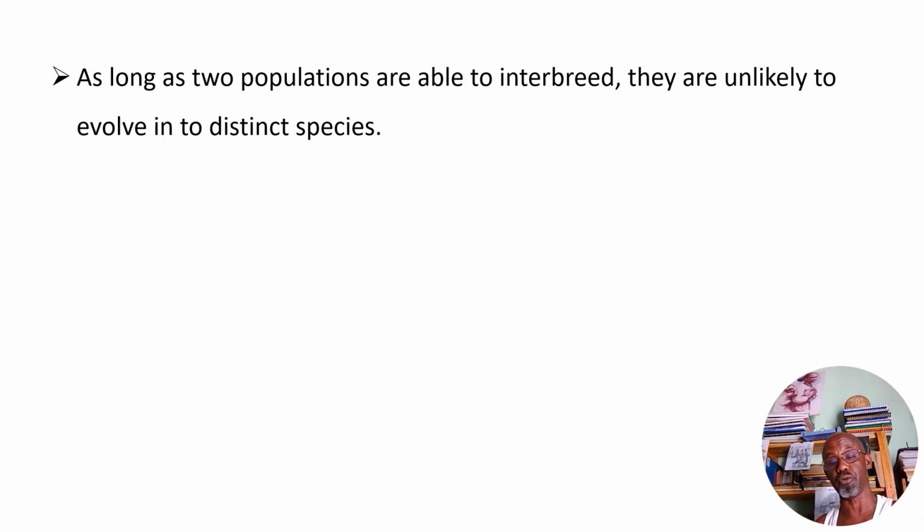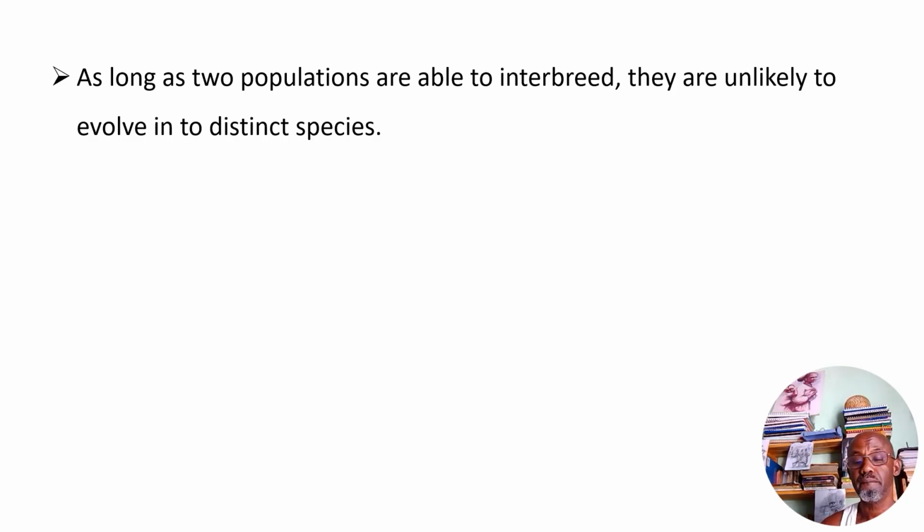I have told you this already in the human population. As long as two, three populations, whatever, population of Africa, population of Asia, population of South America, as long as they are coming together and interbreeding, they are unlikely to evolve into distinct species.